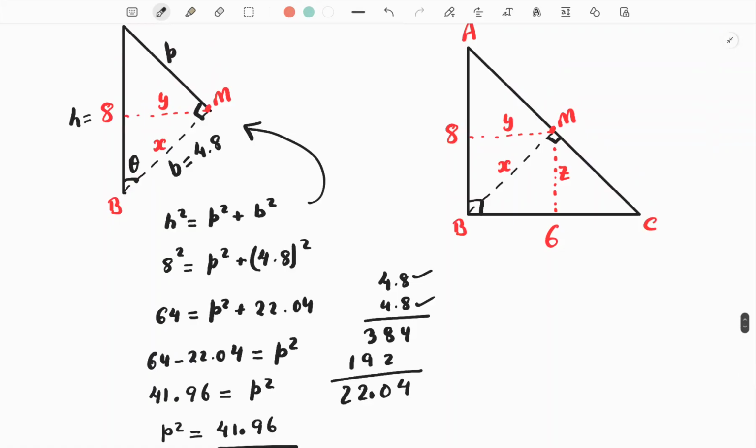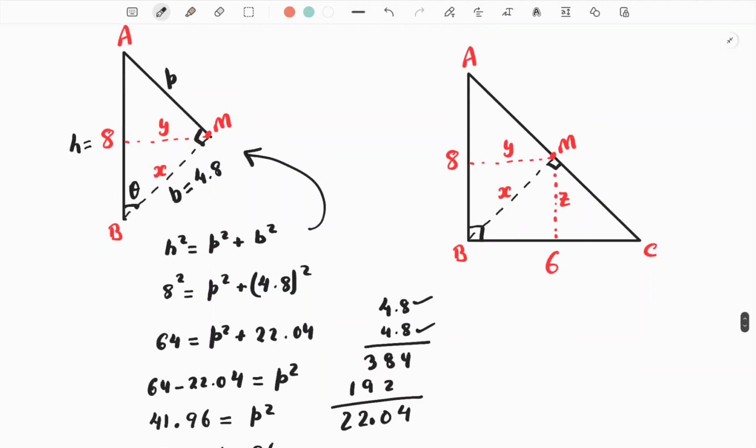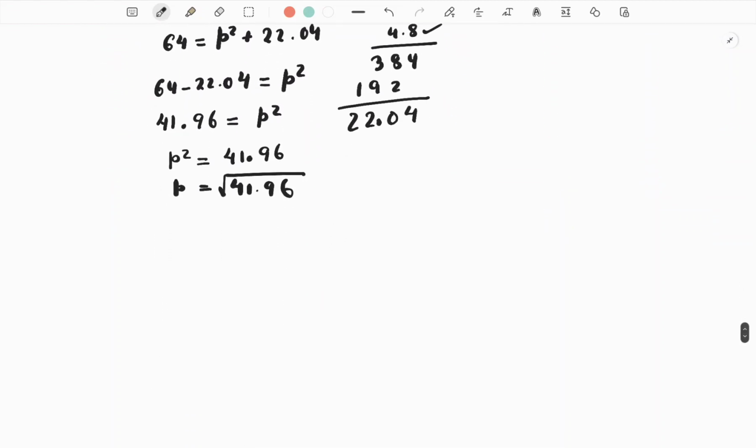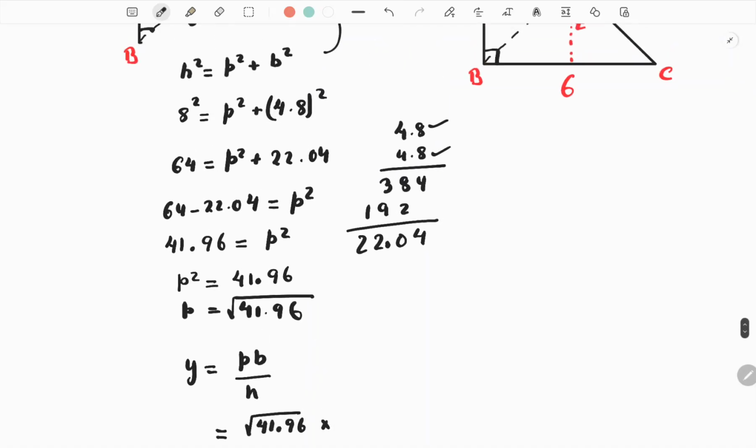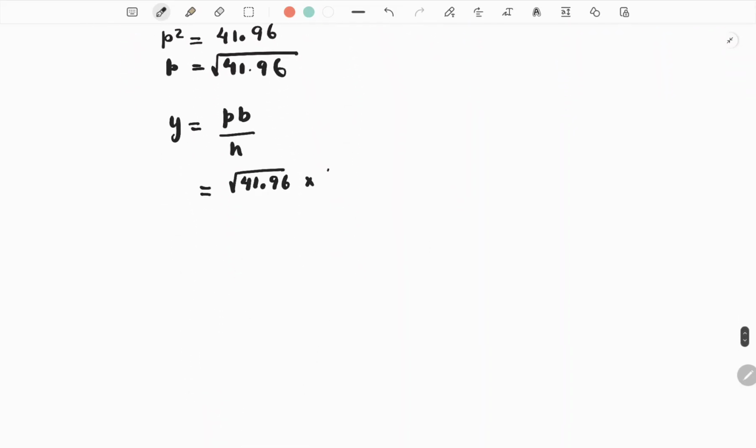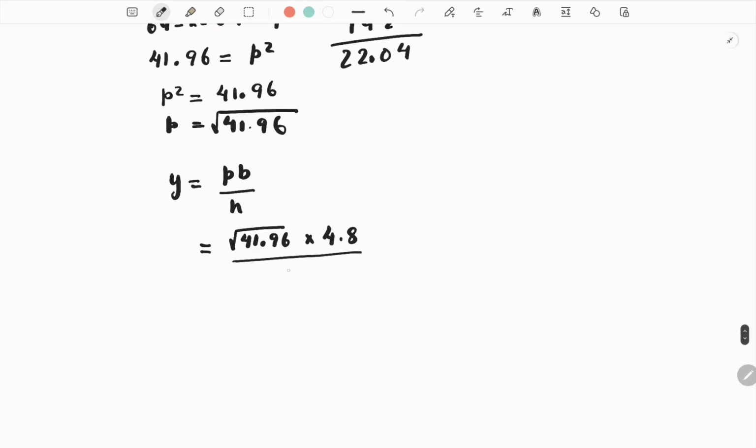So from the figure, y is nothing but the length of the perpendicular drawn from the vertex M to the hypotenuse H. So if we use this formula, y is equal to PB divided by H. This can be written as, instead of P, root over 41.96 multiply, instead of B, 4.8, divide by H. Instead of H, it is 8.